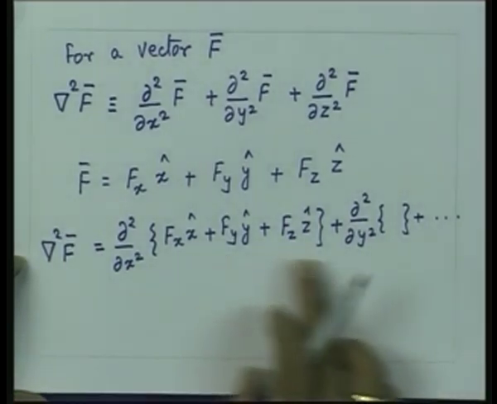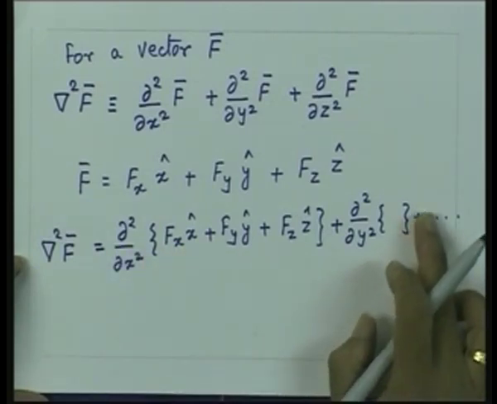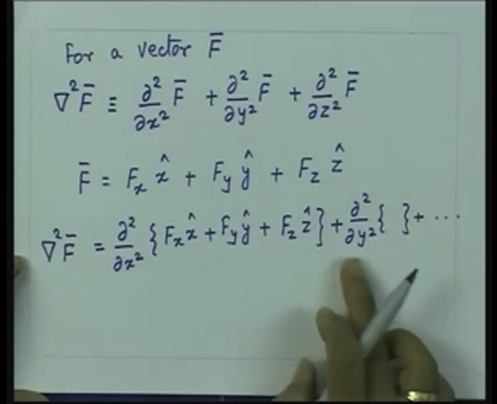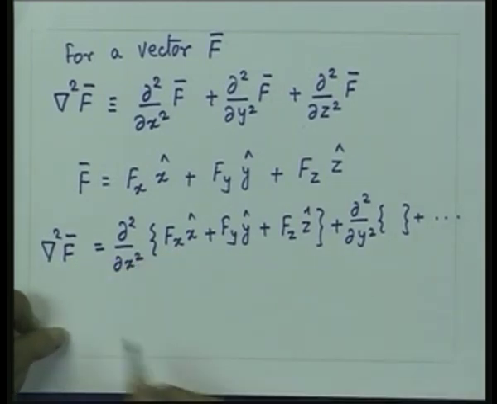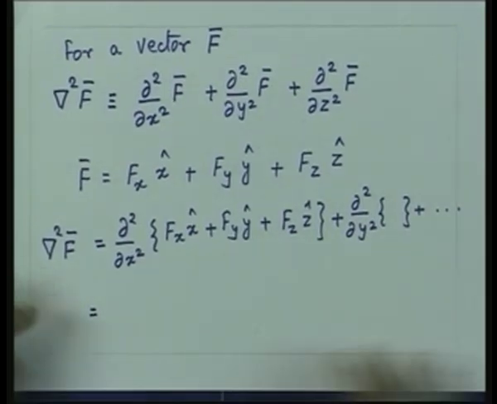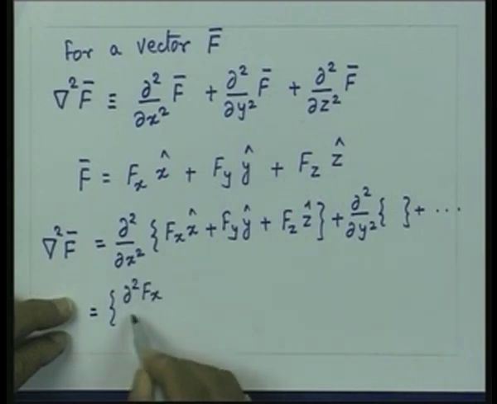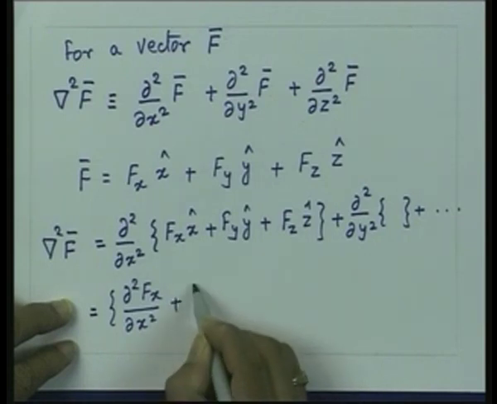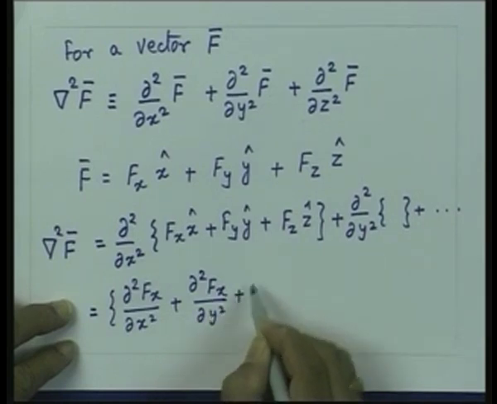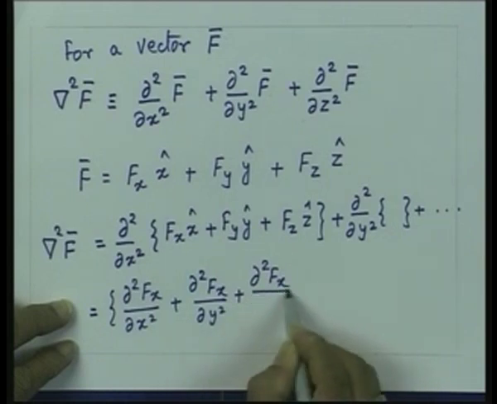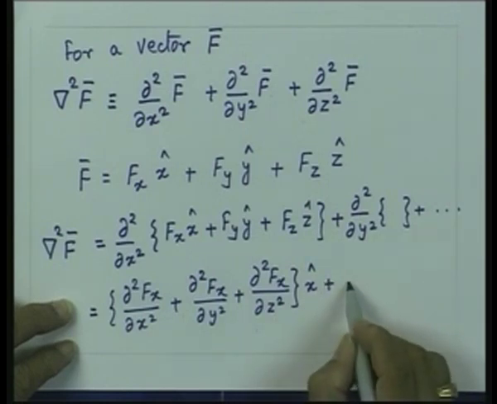Then I can combine the x component from all the terms. That will give me d2 Fx by dx square plus d2 Fx by dy square plus d2 Fx by dz square, and that will be the x component of this vector, plus similarly the y component and so on.